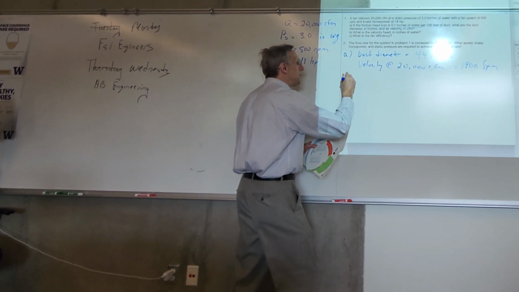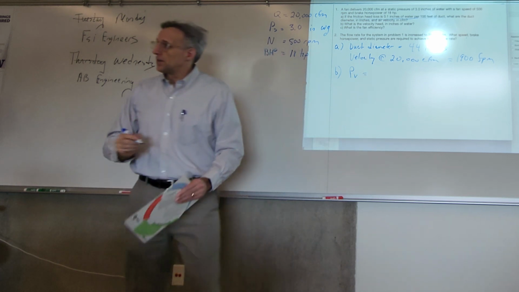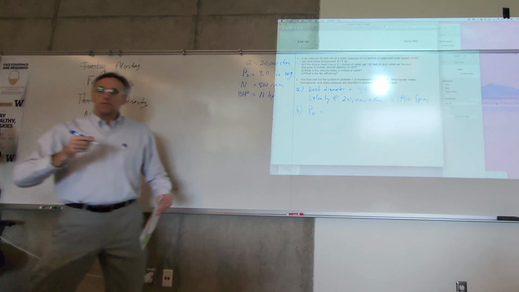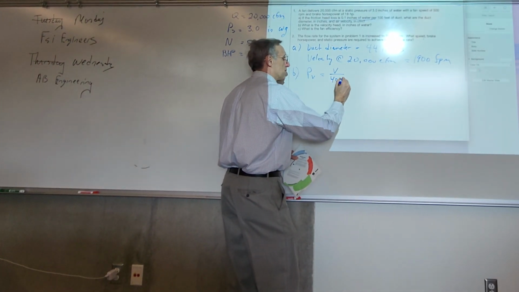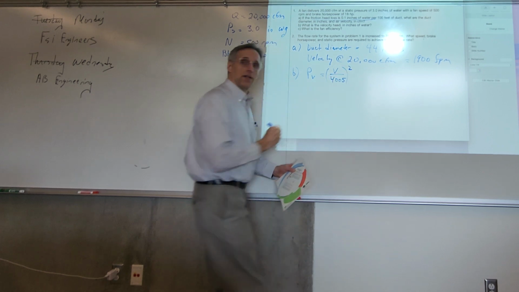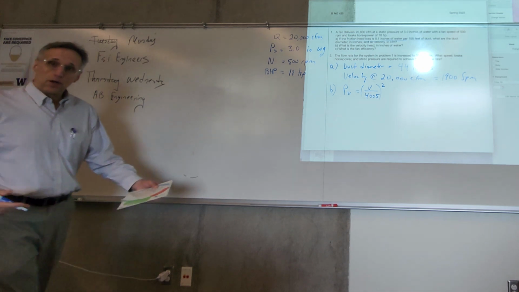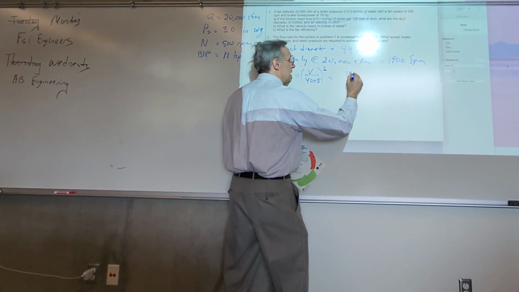So then B, velocity head, how do we calculate that? Velocity over 4,005, squared. Just remember feet per minute goes in there, and out comes inches of water. So we put in 1900.